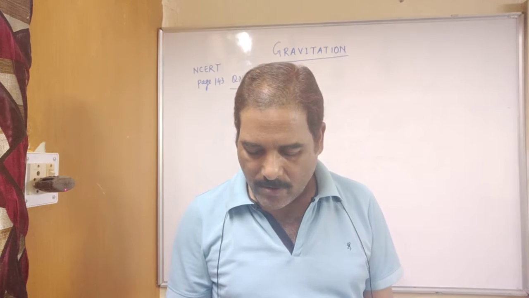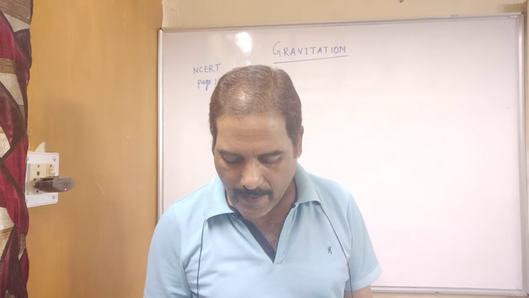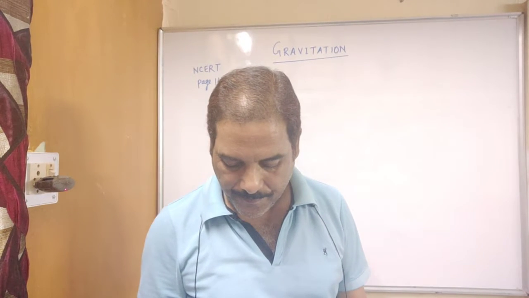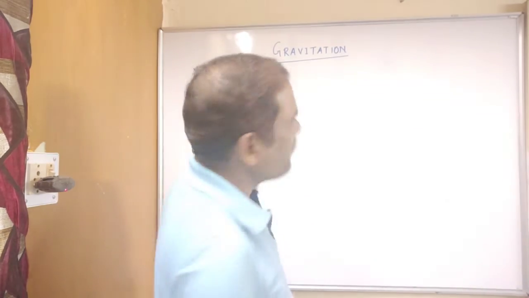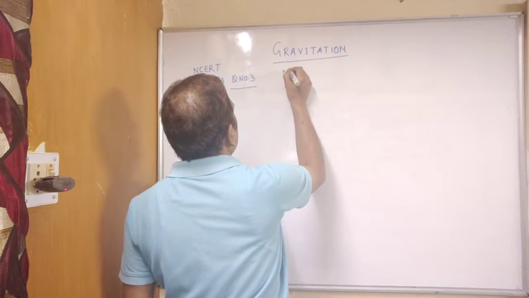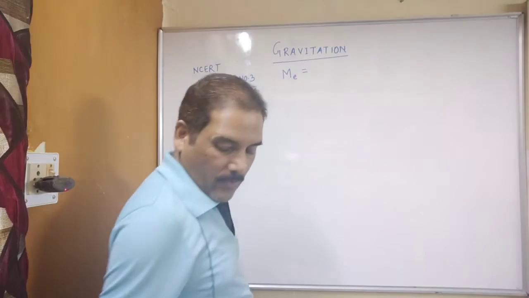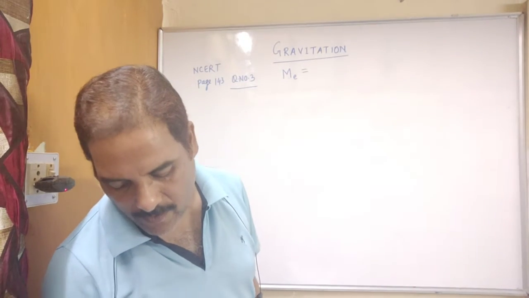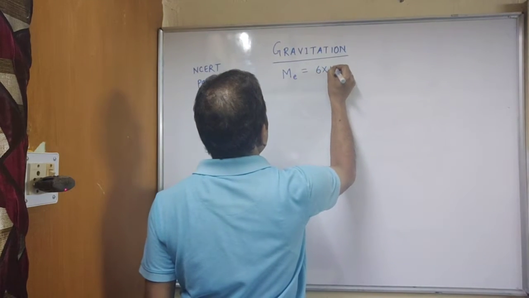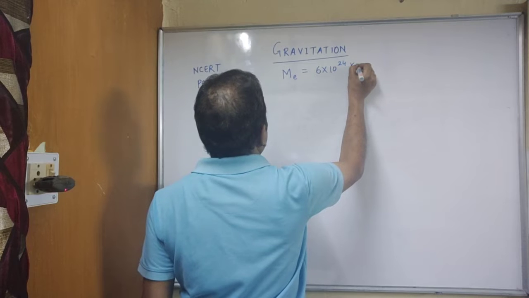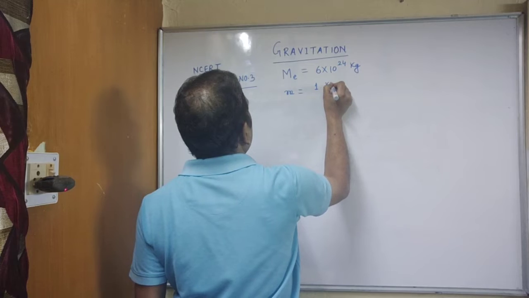What is the magnitude of gravitational force between the earth and a 1 kg object? So mass of earth is also given. I am writing ME for mass of earth, and in question it is given 6 into 10 to the power 24 kg. And the mass of another object is 1 kg.